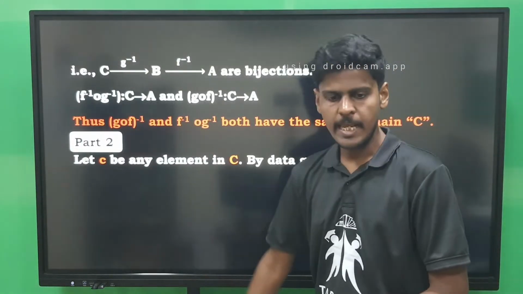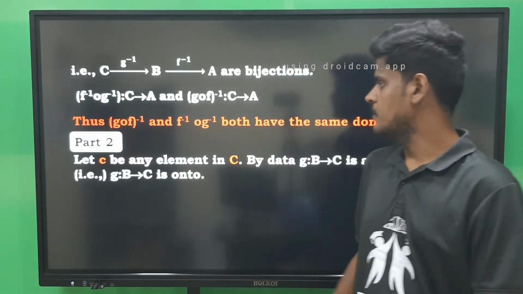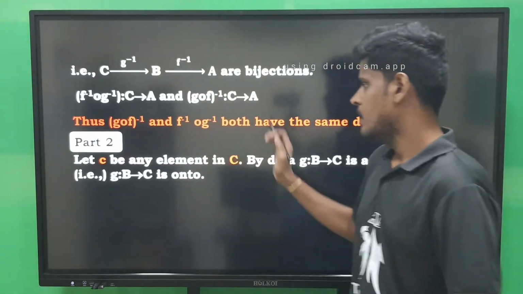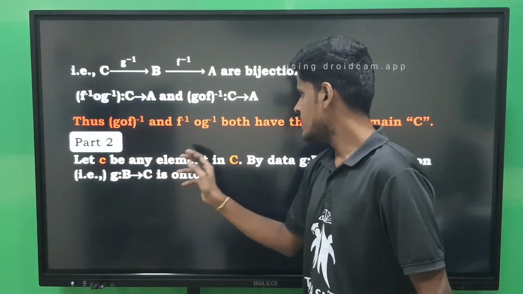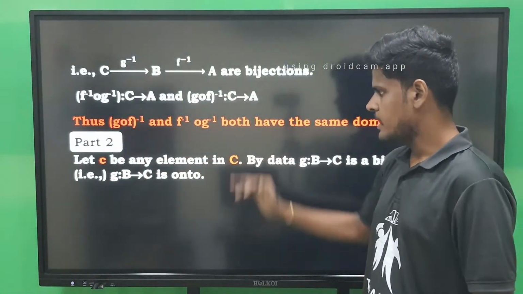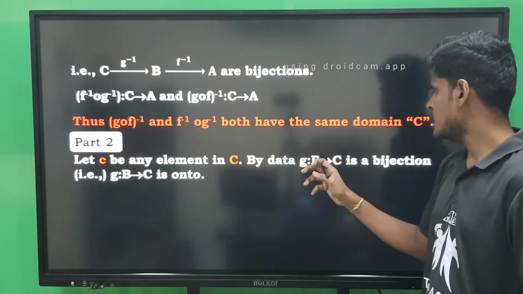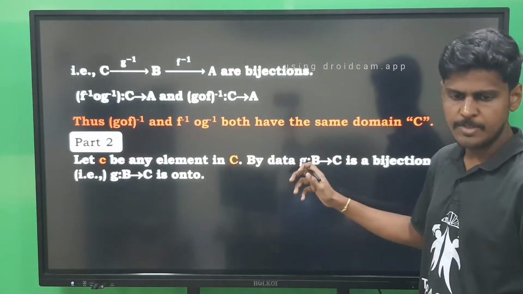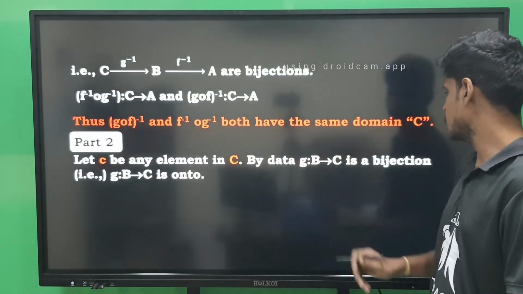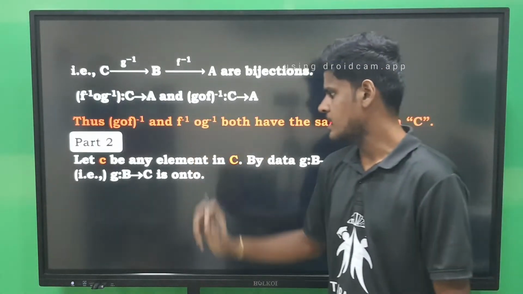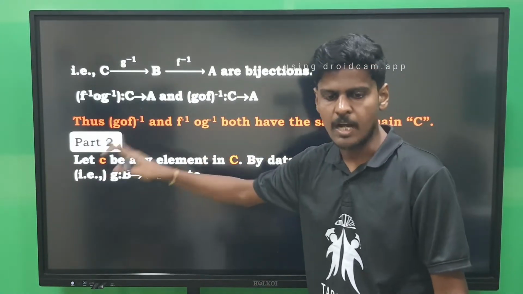next we should check the onto property, the onto nature of the functions. Let's assume c is any element in set C. g is a function mapped from set B to set C and is a bijection, that is given, which means g is an onto function.